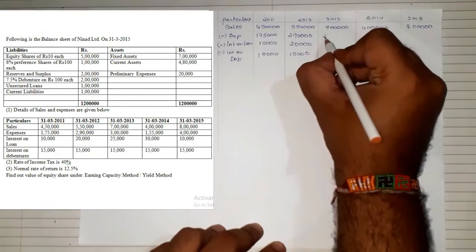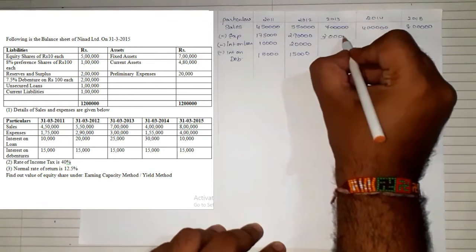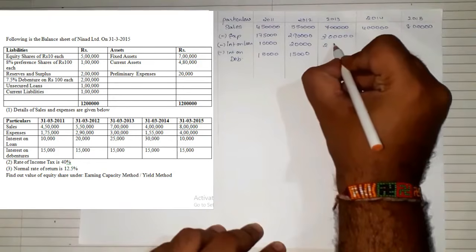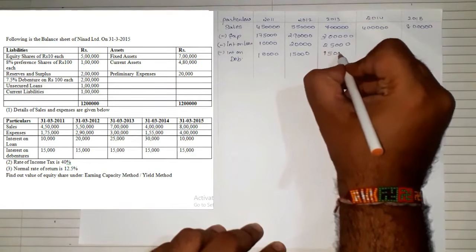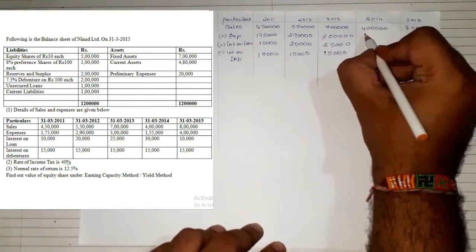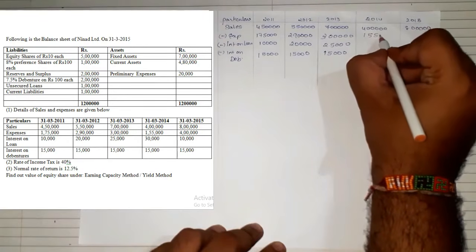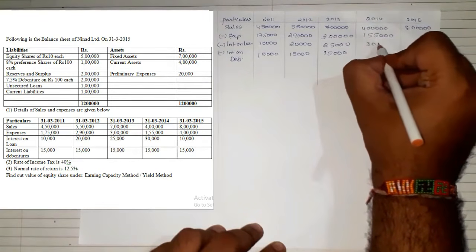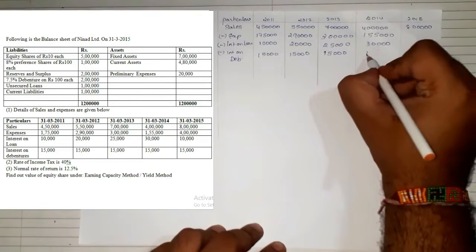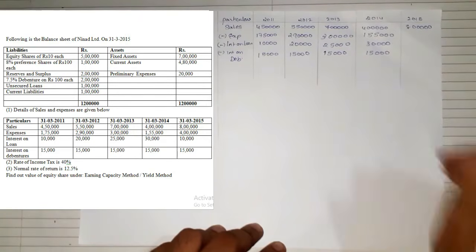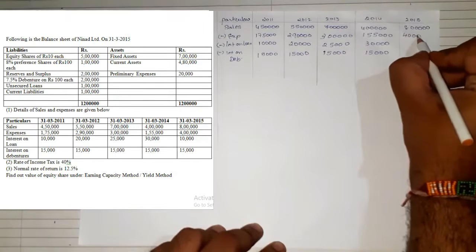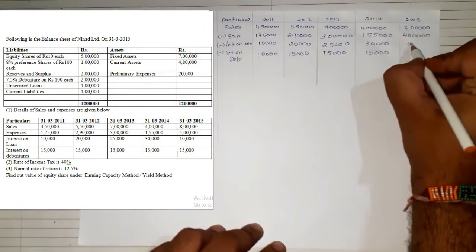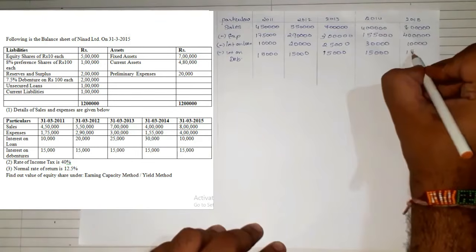For the third one, it is 3 lakhs, 25,000 and 15,000. For the next, it is 1,55,000, 30,000 and 15,000. For the last one, it is 4 lakhs, 10,000 and 15,000.